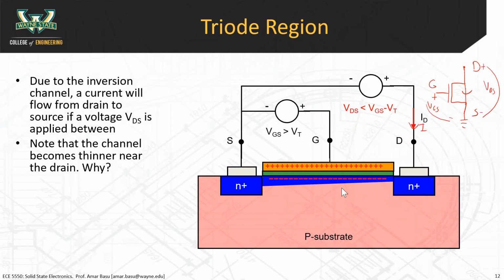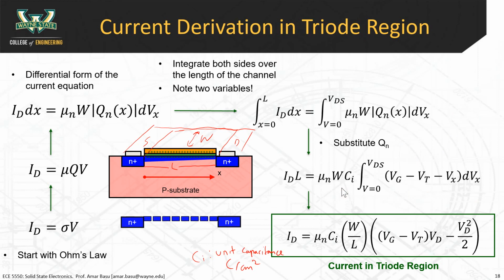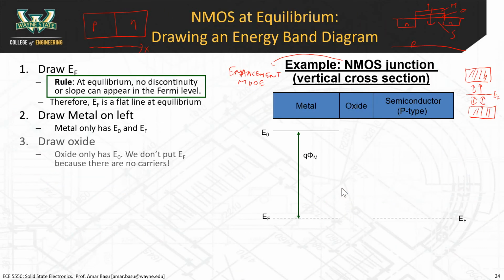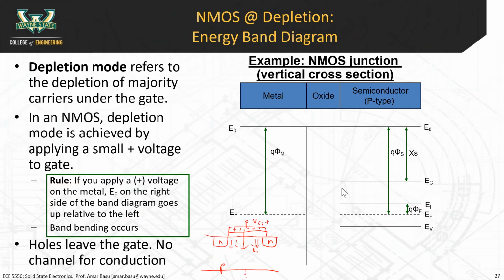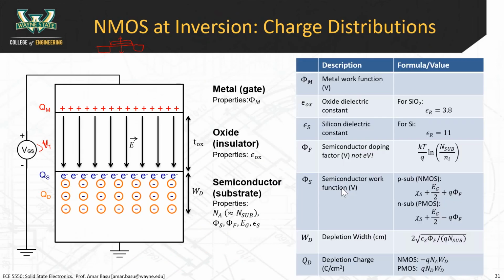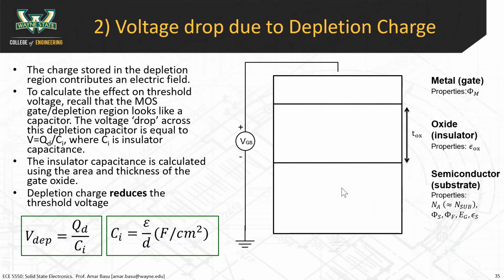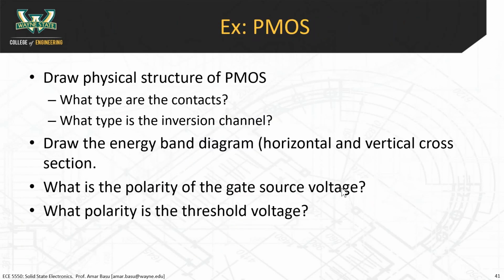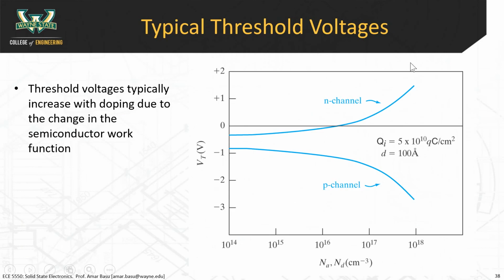The thickness of the oxide doesn't really change the threshold voltage significantly. The substrate doping impacts it pretty strongly. So in an N-channel device, the threshold voltages will increase with doping, and then in a P-channel device, the threshold voltages will decrease with doping.